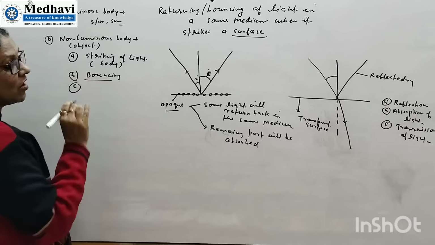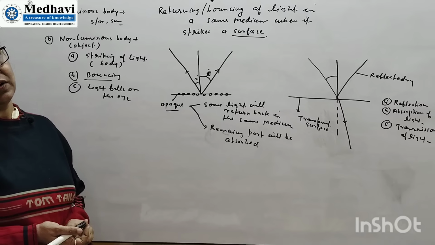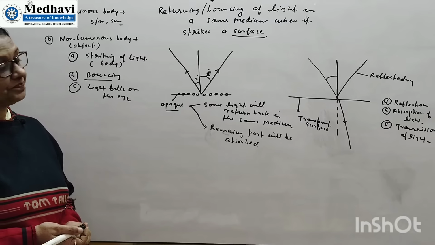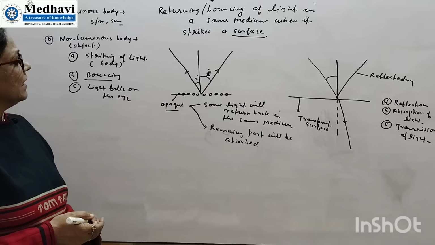Then only we will be able to see the non-luminous body. For example, all the objects like plants, any materials present in the atmosphere that cannot emit their own light, will be kept in the category of non-luminous body. And for a non-luminous body, reflection is an important part. Unless reflected light falls on our eye, we cannot see it.